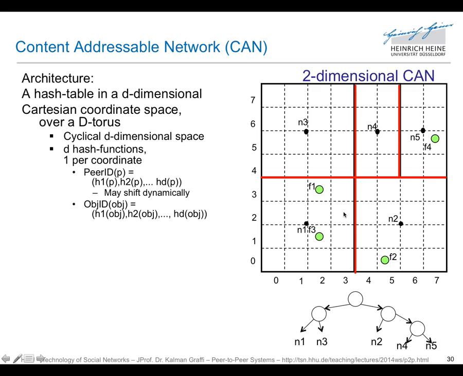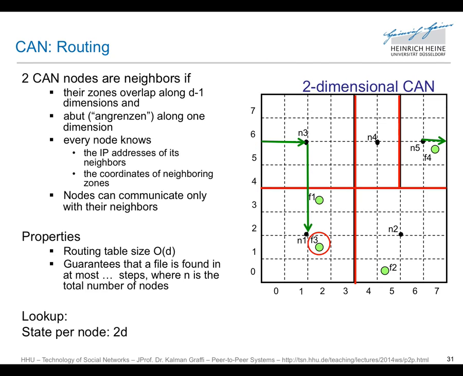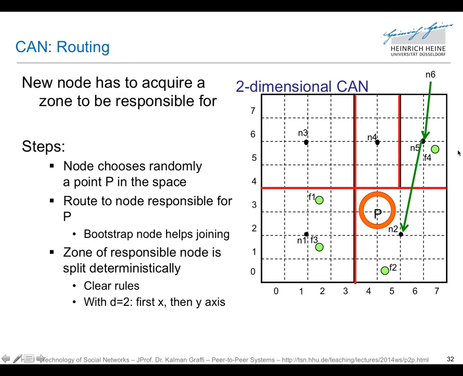When a new node joins, it computes its position, let's say it's somewhere down here, 1 and 1. Now we find the node who is responsible for this spot, we contact him, and then he splits up his zone. So we find a position for the new node, and we find a responsible peer for it.